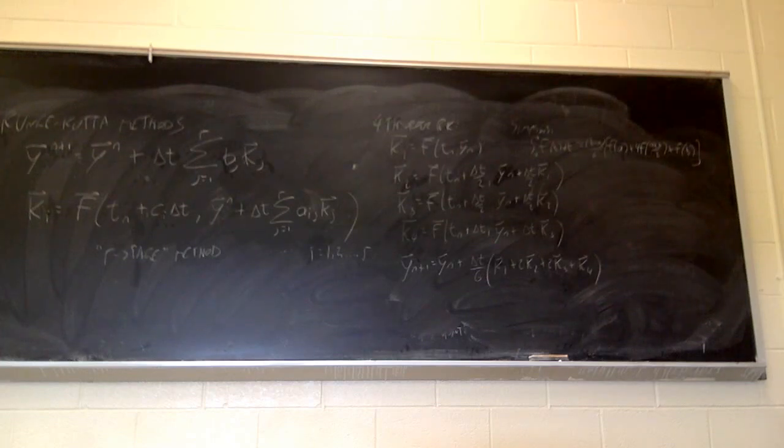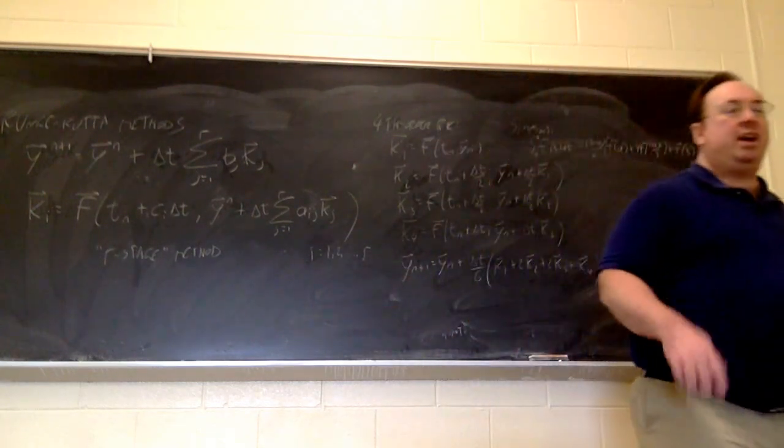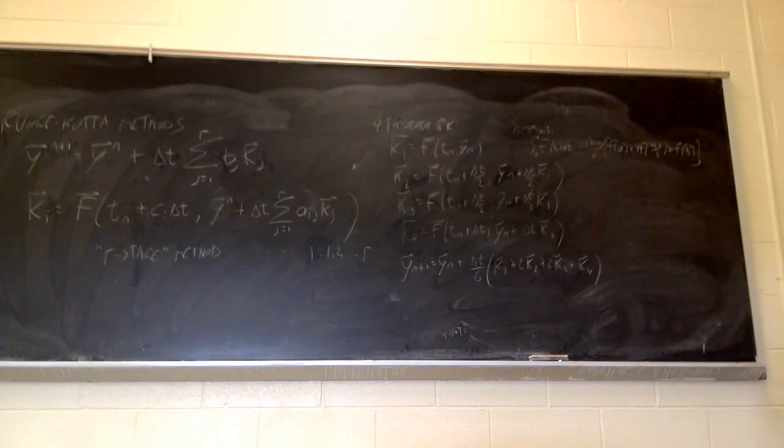And what's interesting is the coefficients, the A's, end up forming a lower triangular matrix. Well, actually, if you take the whole tableau together, it's a lower triangular matrix, unless it's implicit.